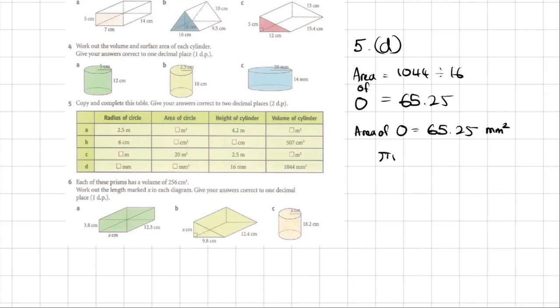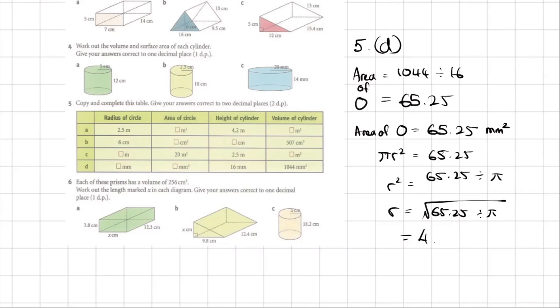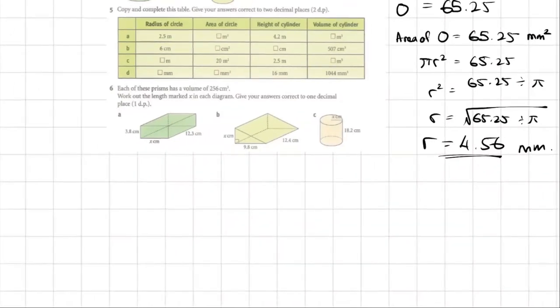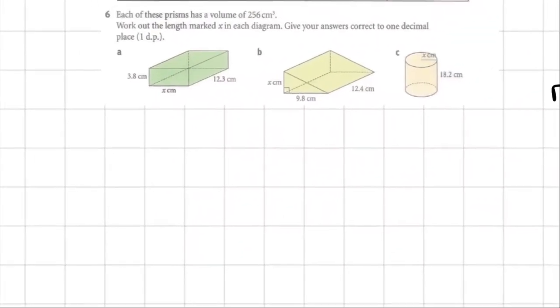Then pi r squared is equal to 65.25. r squared is equal to 65.25 divided by pi. r is equal to the square root of the answer, which is 65.25 divided by pi, then square root of the answer. All right, done.